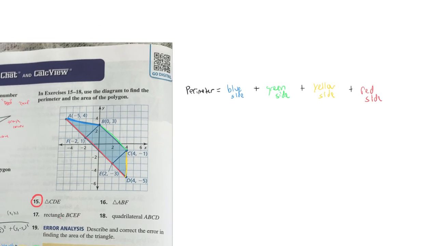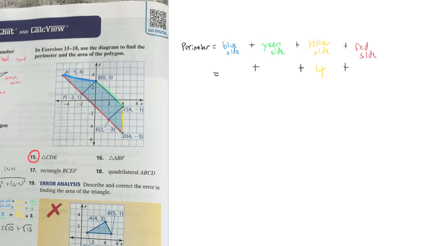Okay, now the yellow side I can find right now because we could just count that. That's 1, 2, 3, 4. So we know that the yellow side is 4 units, so that part was easy. But unfortunately, we have to go on a mission to find these other sides.